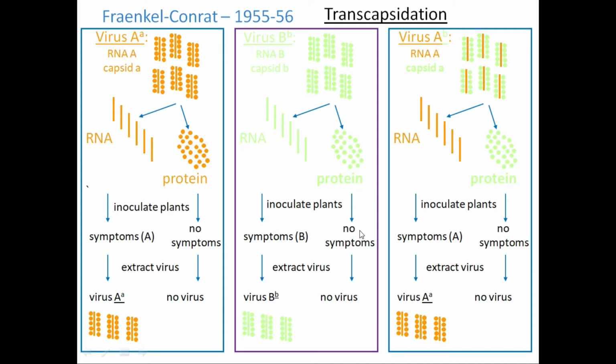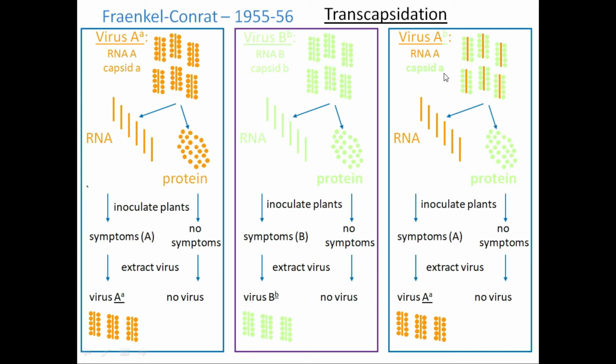And the plants inoculated with protein only did not show any symptom, and so no virus was extracted from those plants. That means proteins are not infectious, proteins are not causing disease, and proteins are also not carrying any genetic information of the virus, so no virus is isolated from the plant.